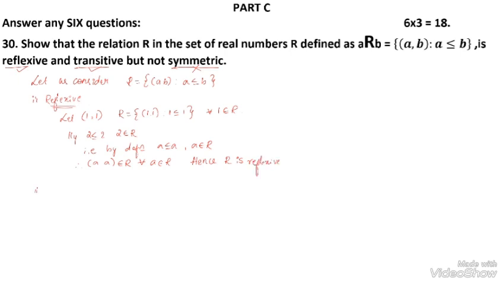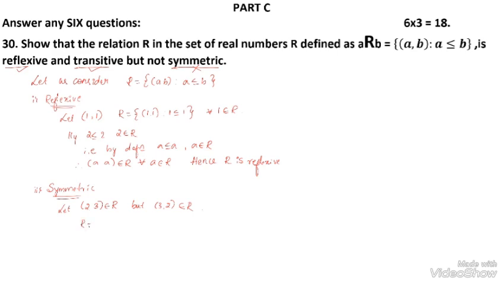Similarly, I can check the second condition. Let (2, 3) belong to R, but (3, 2) does not belong to R. Here I can check now.